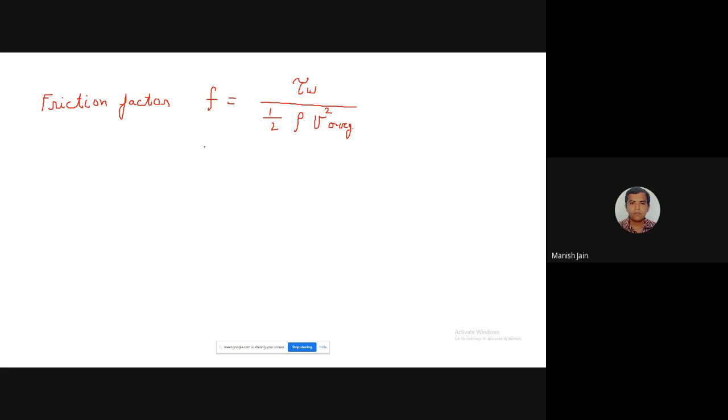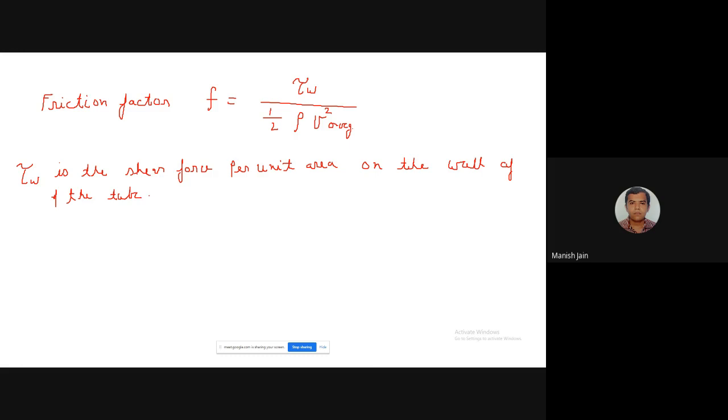So tau W is the shear force per unit area on the wall of the tube. Basically this is the force which is exerted on the wall of the tube.